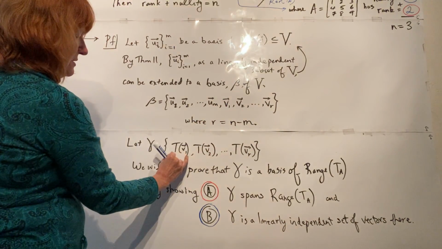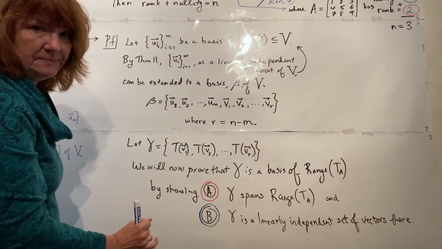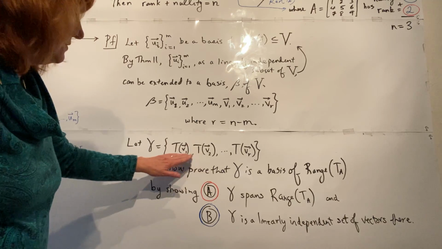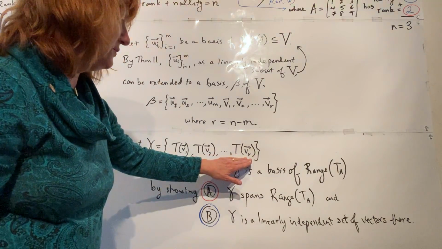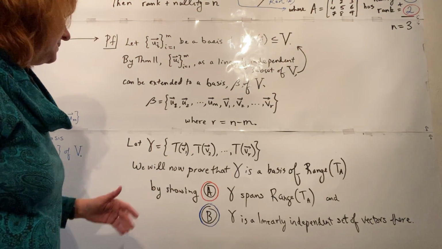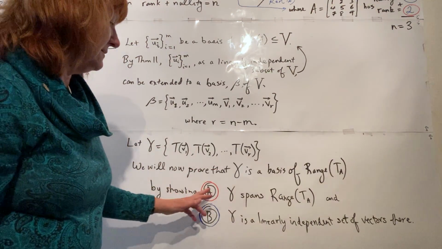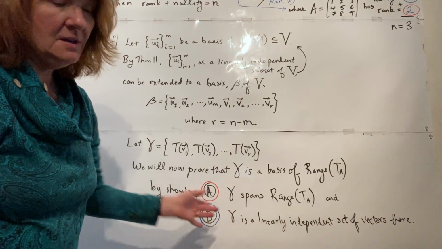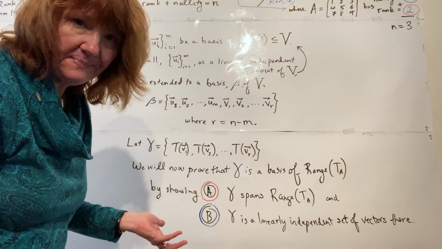We're going to use their images under the transformation. Since they're images of vectors under the transformation, they belong to the range space, right? And we're going to prove that they span the whole thing and that they form a linearly independent set, and therefore they will be a basis.